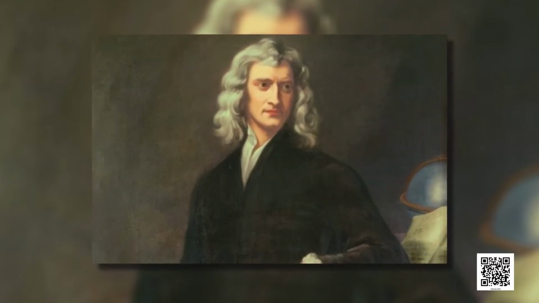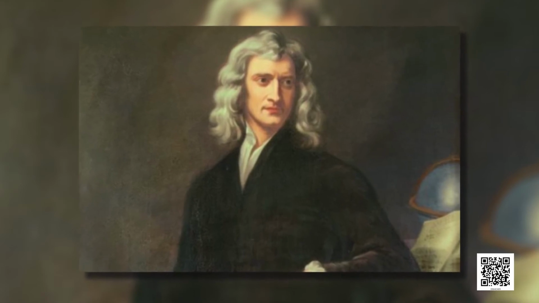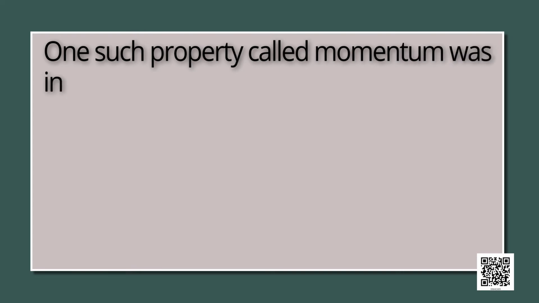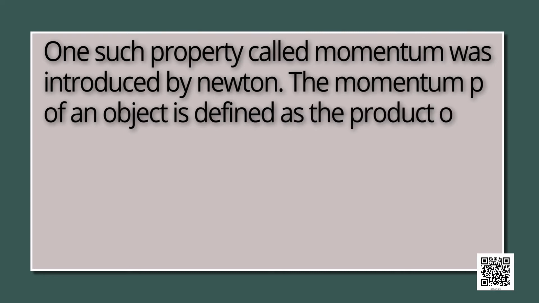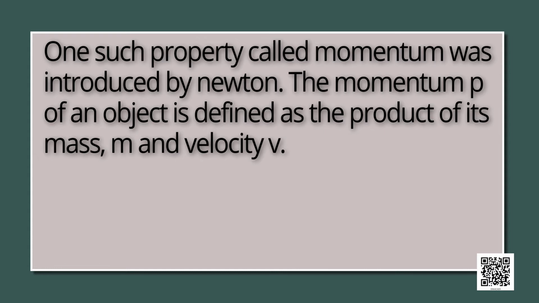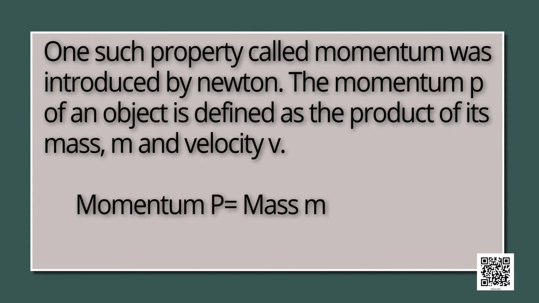One such property, called momentum, was introduced by Newton. The momentum p of an object is defined as the product of its mass m and velocity v. That is, momentum p is equal to mass m into velocity v.